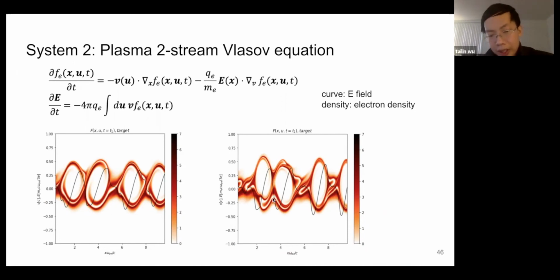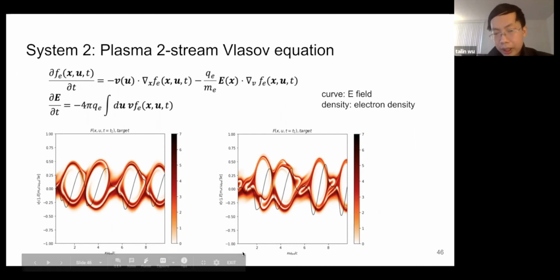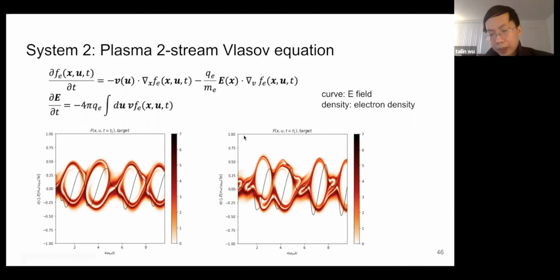And also we see that this system is a kinetic equation, actually, because it is simulated by using the particle in cell method. And then what we show here is the density of those underlying particles.